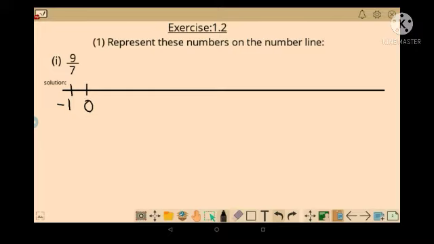And from here we will start. So 0 and 1. From 7 if we start, here 0. So 1 by 7, 2 by 7. For every number we need to take the denominator as the denominator only. So we need to count until the 9.